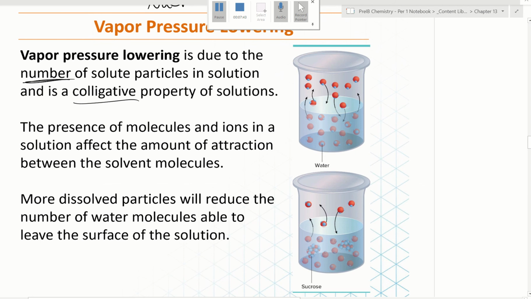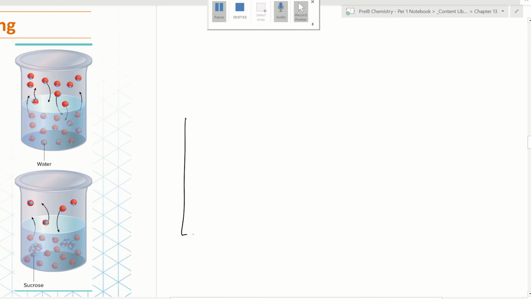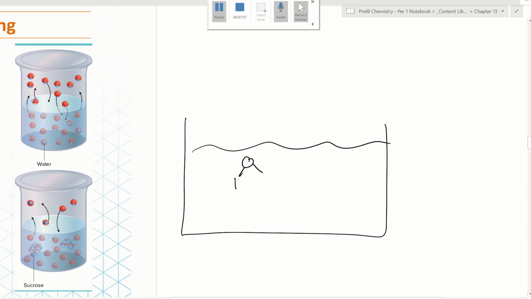The presence of the molecules and ions in the solution is going to affect the amount of attraction between solvent molecules. So let's remember, if I have a sample of water and the water is going to become a vapor, in other words, it's going to get removed as a gas. Whenever you have a liquid, in this state it's liquid, up here it's still water, but it's a gas.